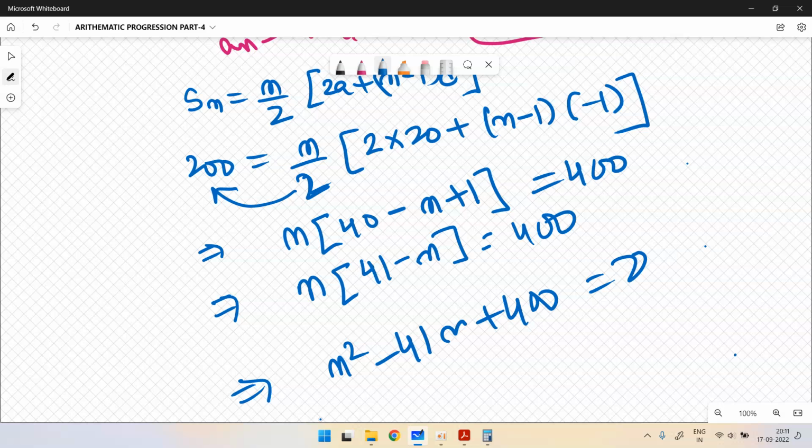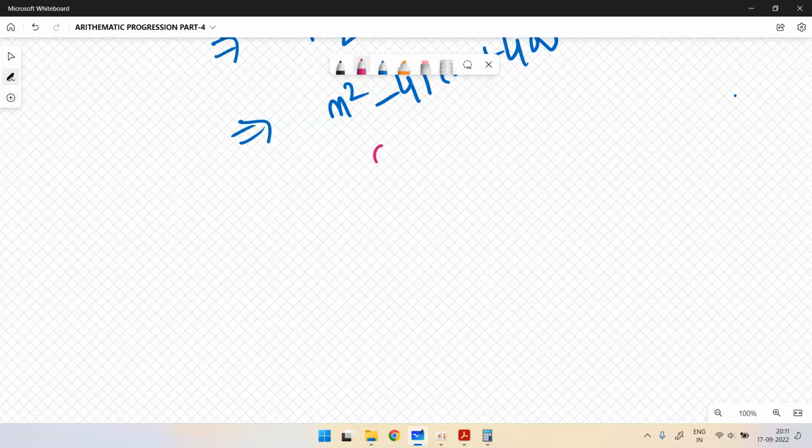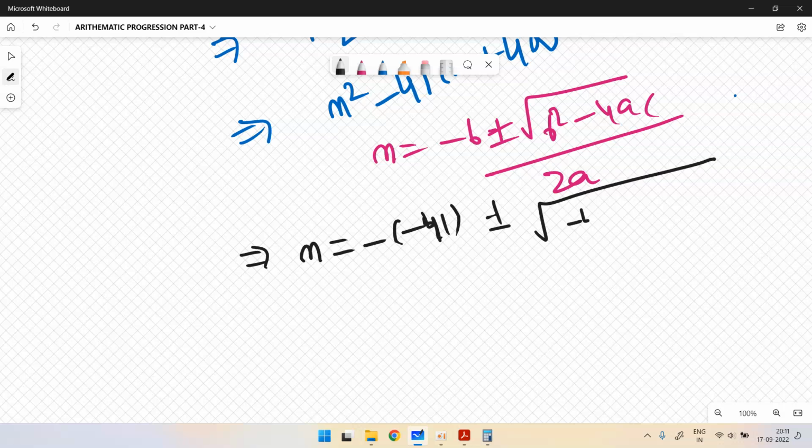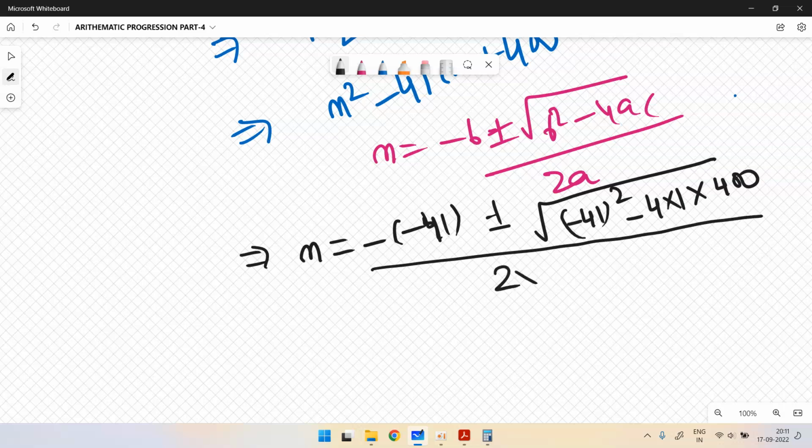Now applying the quadratic formula, n equals minus b plus or minus under root b square minus 4ac by 2a. So the value of n equals minus of minus 41 plus or minus under root 41 whole square minus 4 into 1 into 400, by 2 into 1.